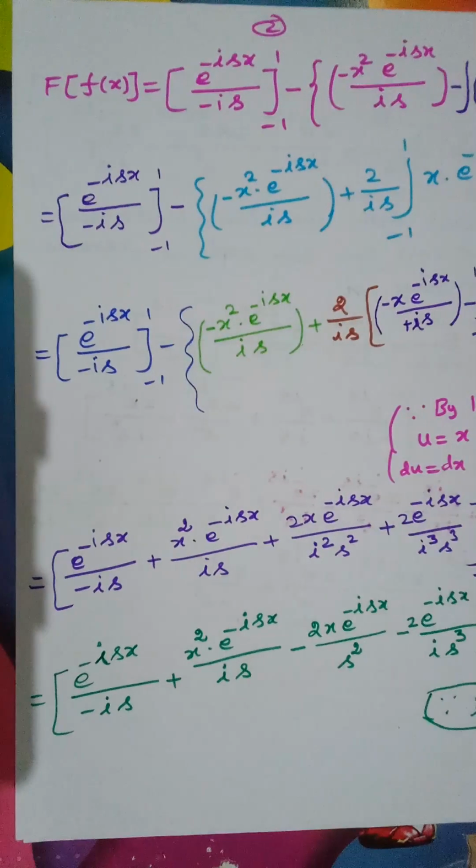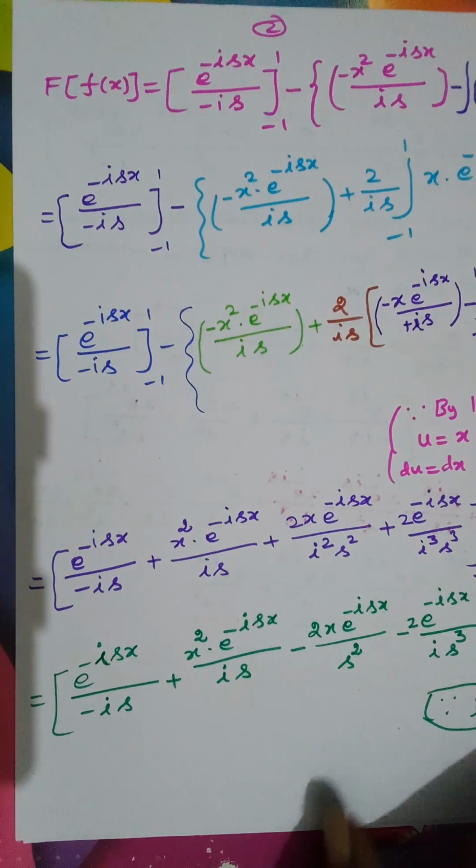The next one: capital F of s is equal to e power minus isx by minus is, with the limits minus 1 to plus 1, already we know.